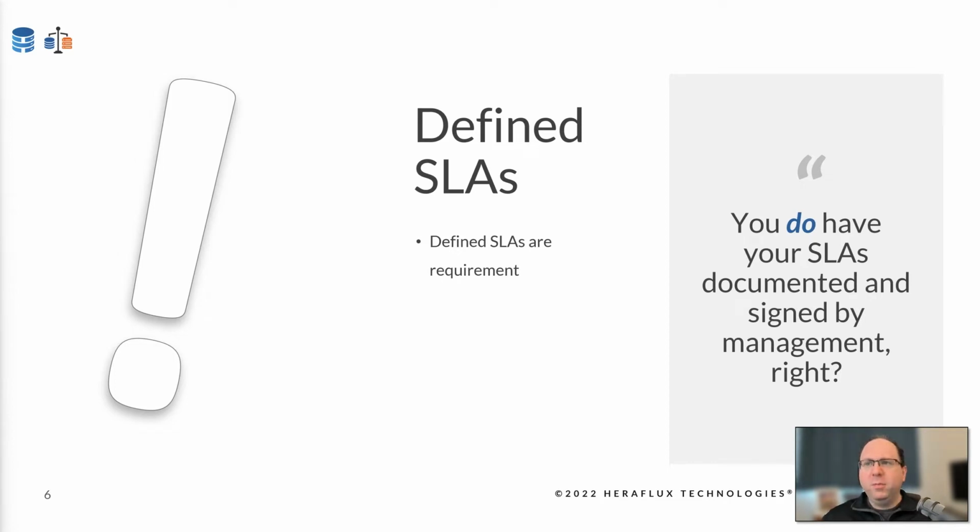And what I tell people, if they are not defined, the unwritten expectations are vastly different than what you may have been told. A lot of times what you've been told is, oh yeah, 30 minutes, an hour, 6 hours, 12 hours. It's okay. The second it's seriously down, there will be somebody standing behind you with a baseball bat saying, when is my business going to be back up and running? And that's not what you built the system for, because they told you, they didn't document, but they told you that it's okay.